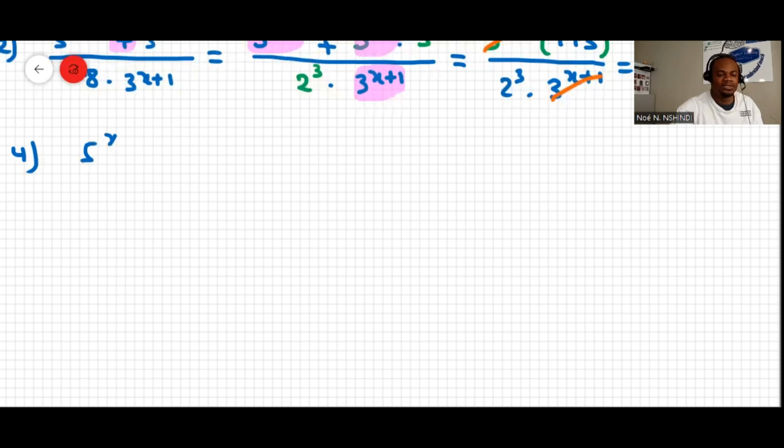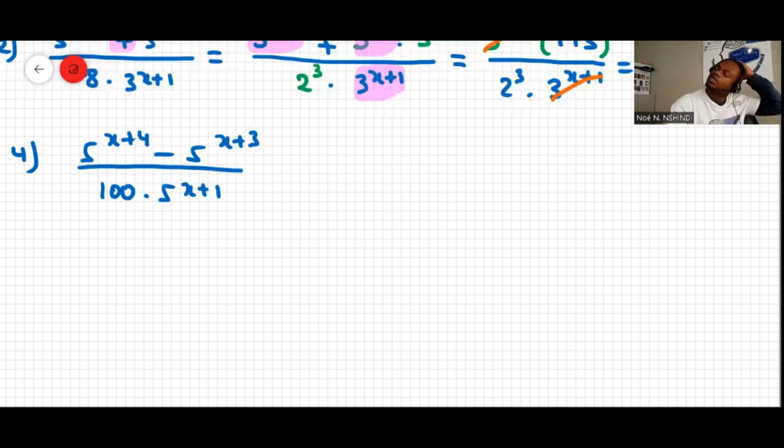5 to the x plus 4 minus 5 to the x plus 3, all over 100 multiplied by 5 to the x plus 1. Now, over here, I see that we have x plus 1, x plus 4, and then x plus 3. The bases are common.